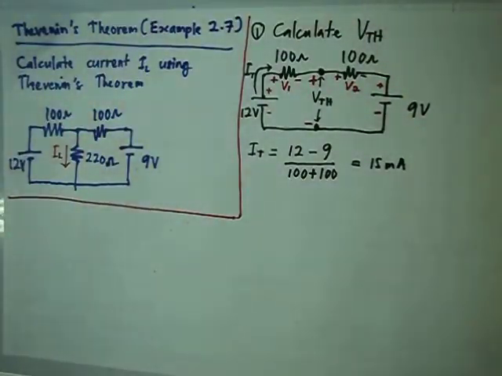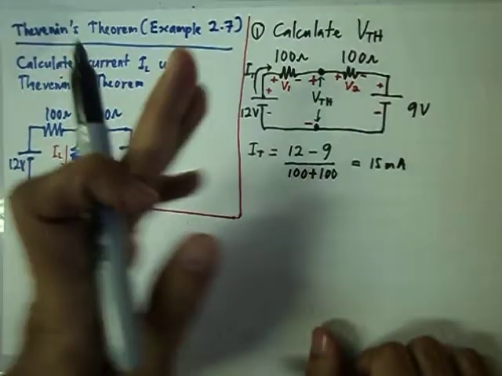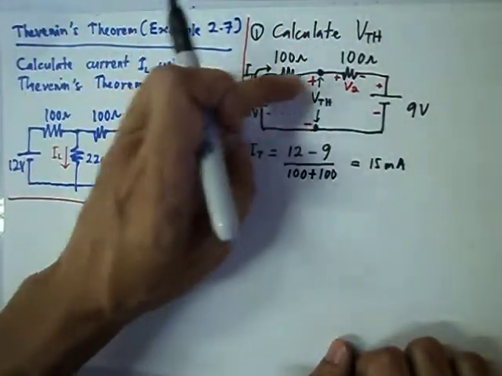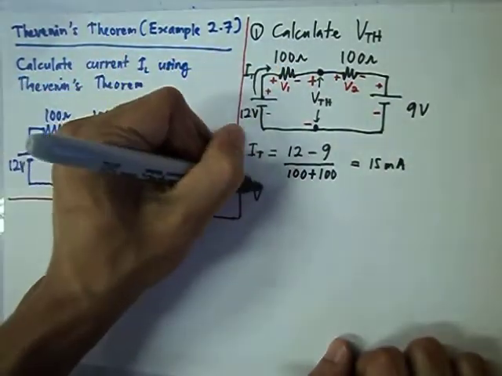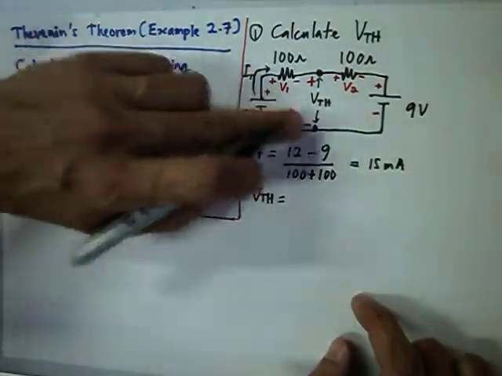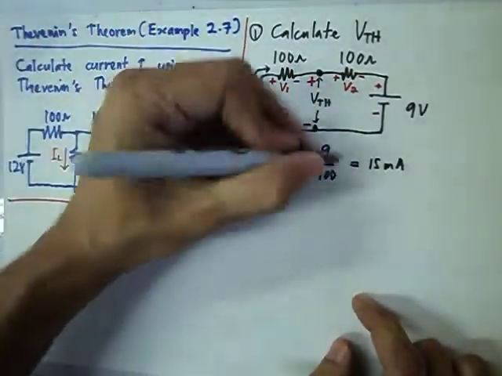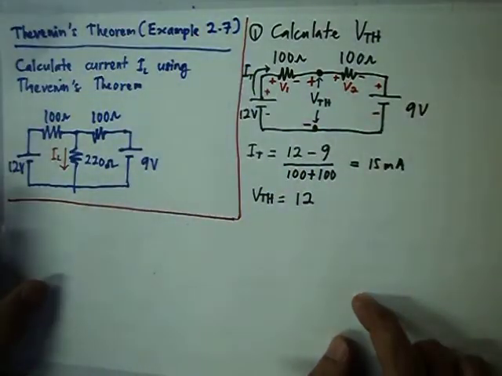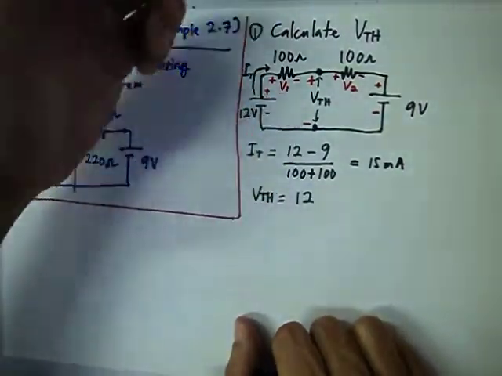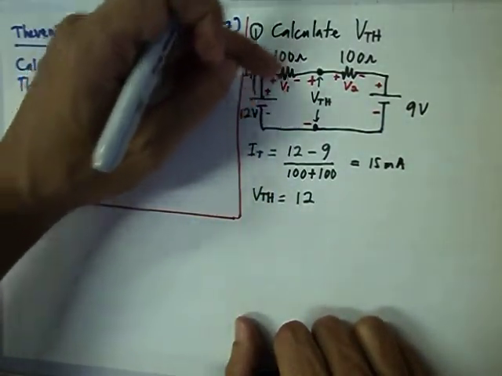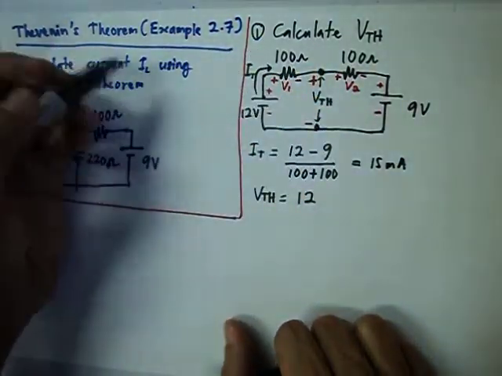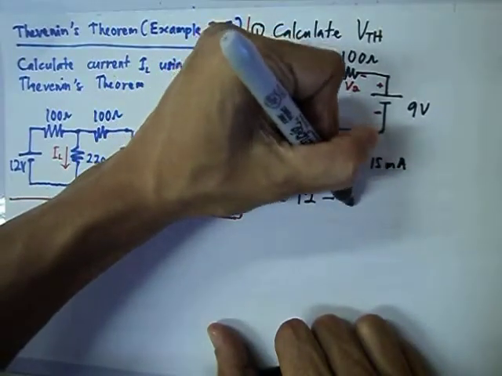If we compare VTH to the left wing, VTH equals 12 volt, which is in the same direction as VTH, so we write it as positive 12. But V1 is against the 12 volt, in the opposite direction of VTH, so we have minus V1.